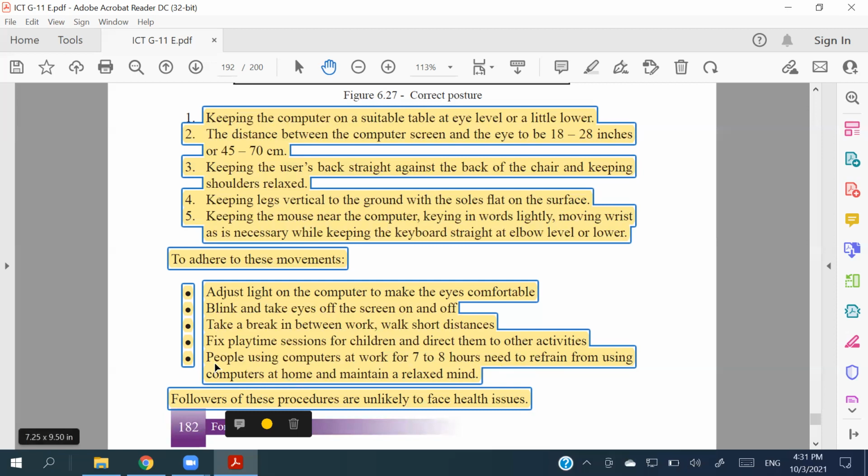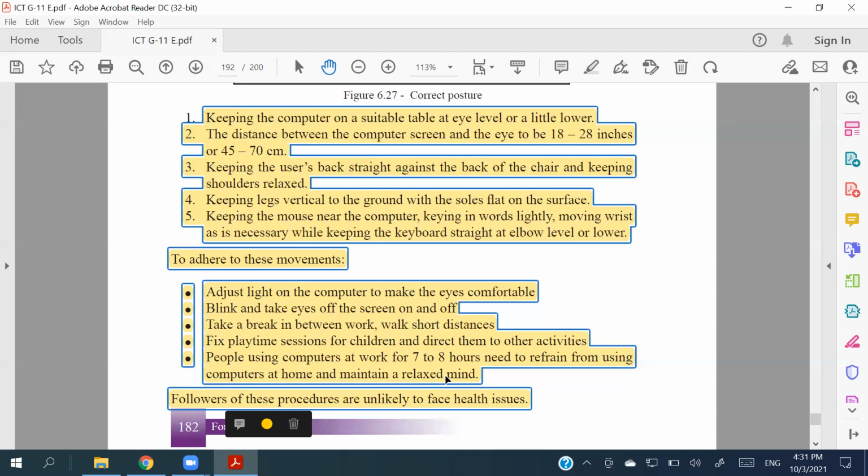The last one says people using a computer at work for 7 to 8 hours need to refrain from using the computer at home and maintain a relaxed mind. Like the bankers or the programmers, they are asked to avoid the computer in their normal time when they are off work.